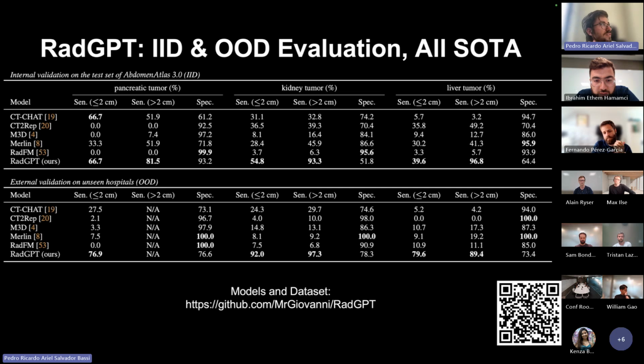But the challenge is how can we make the accuracy of the LLM match the accuracy of a segmentation or a classification model? And what our results suggest here, and that's our direction right now, is to try to fuse the segmentation and the LLM.